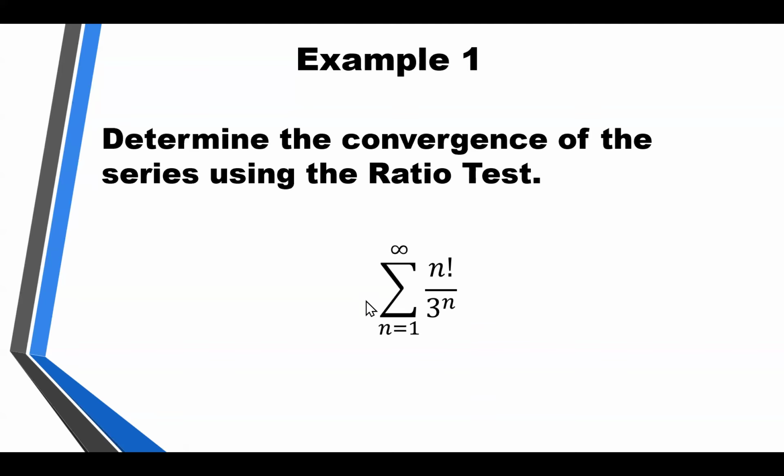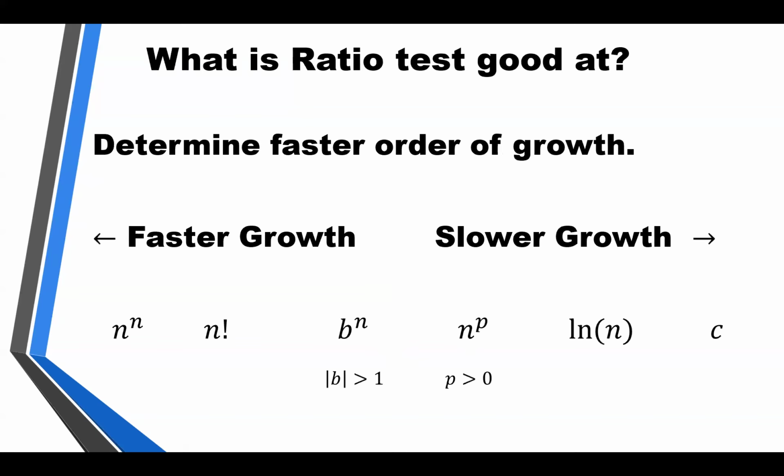So what this series is going to do is the same as an infinite sum of n factorial over, and I can ignore the other types of growth, it's like n factorial over 1, which obviously diverges. So that's the informal way of looking at the ratio test and what the ratio test is doing. It's looking for the fastest order of growth.